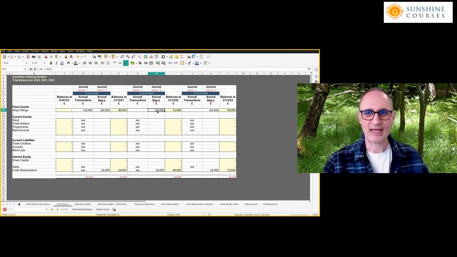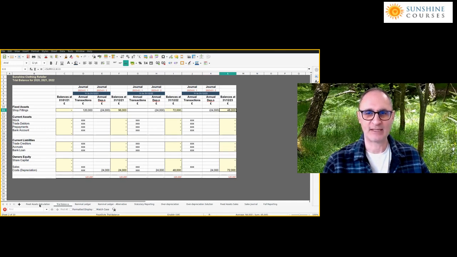Again, we're allocating £24,000 of the original cost in this year to the sales in this year because the fixed assets are being used during the year. And so on, the same thing with the third year. And at the end of the third year, our accounts show we have £48,000.